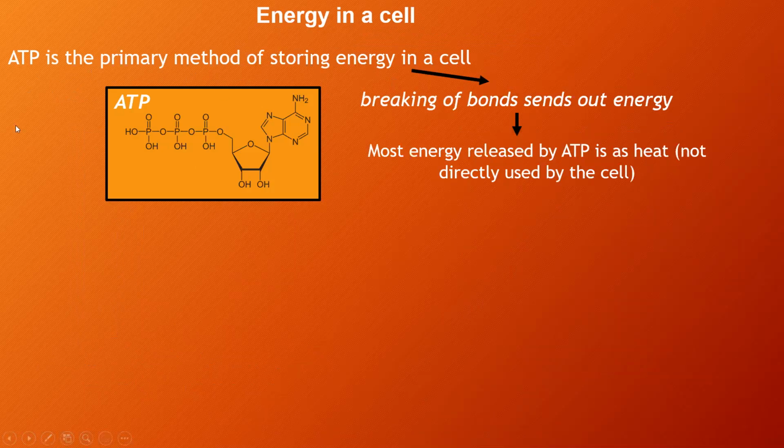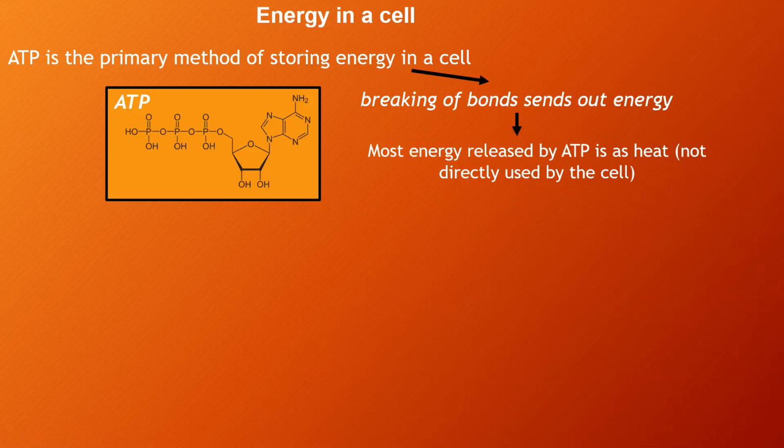But one thing we need to note is that ATP is releasing energy and it's being used, right? But most of the energy that's actually released in the breaking of these bonds is released as heat, which is again not necessarily going to be able to be used by the cell directly. That will be, again, lost materials.